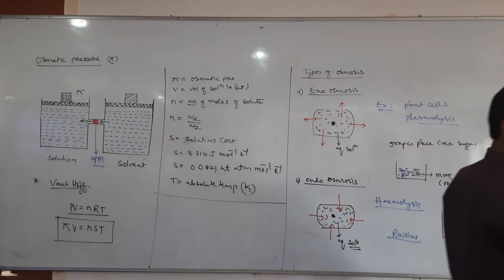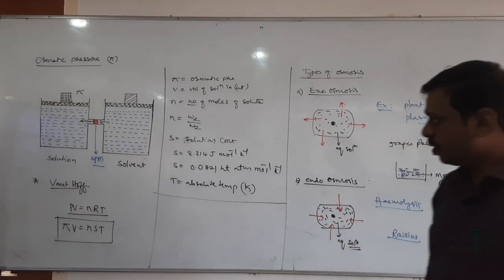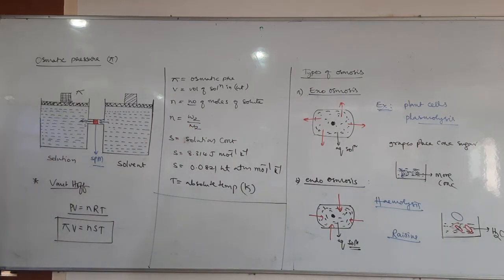The pressure which must be applied on the solution to prevent the osmosis, or flow of solvent from the solvent compartment to the solution compartment through the semi-permeable membrane, is called osmotic pressure.